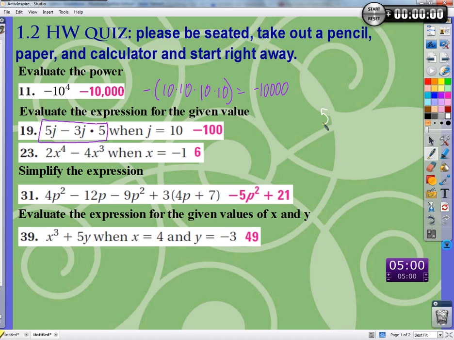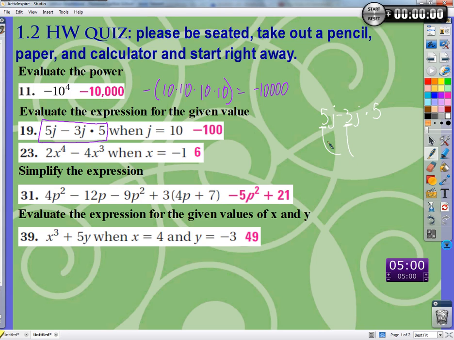If we take 5j minus 3j times 5, what are these things called? Not called base. The base would be something like the base of the exponent. Numbers. Well, they are numbers. They're special. They are the numbers that are multiplied by the variables.